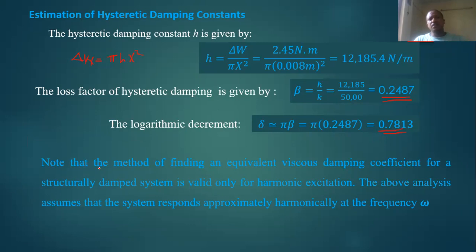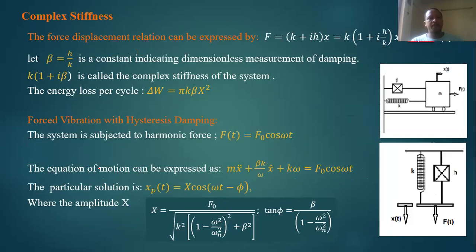Note that the method of finding an equivalent viscous damping coefficient for a structurally damped system is valid only for harmonic excitation. The above analysis assumes that the system responds approximately harmonically at the frequency omega. So this is the complex stiffness which we have discussed.